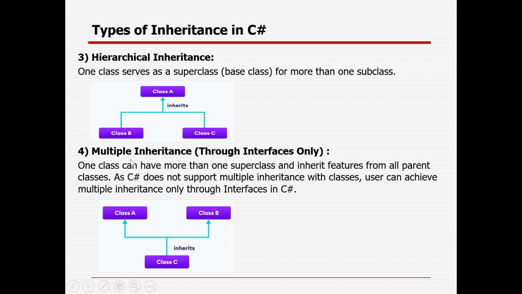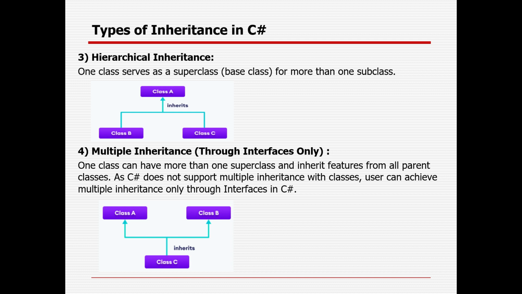The last one is multiple inheritance. Multiple inheritance in C# is not possible for classes. Sometimes a question might come: is it possible to establish multiple inheritance for classes in C#? It is not possible. In multiple inheritance, one class can have more than one superclass and inherit features from all the parent classes.